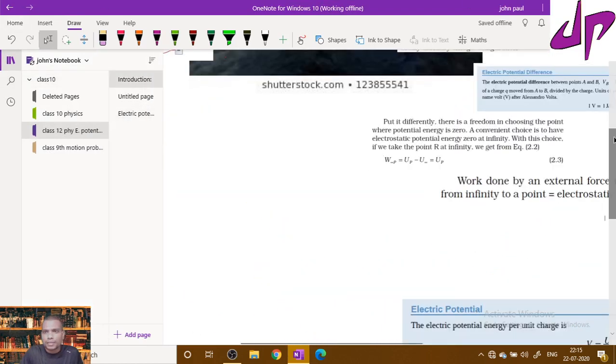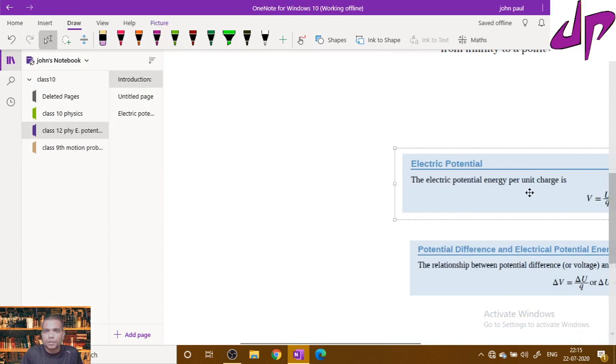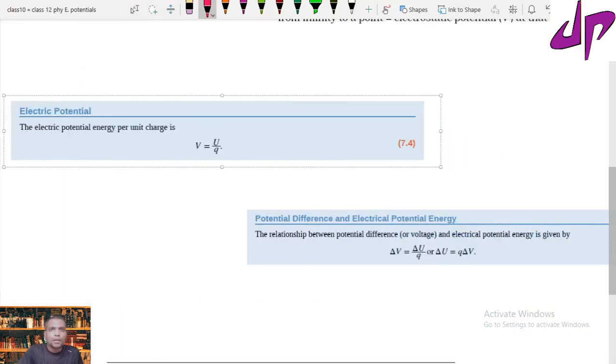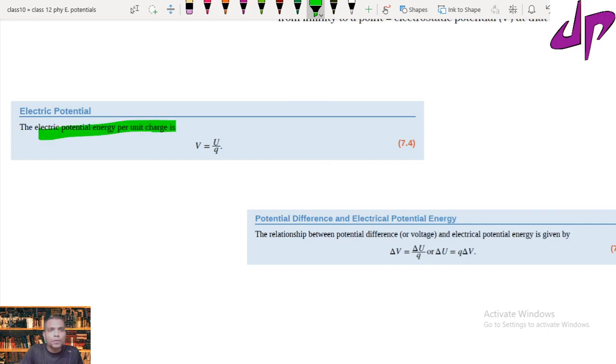The electric potential V is defined as the electric potential energy U per unit charge. So V equals U by q.